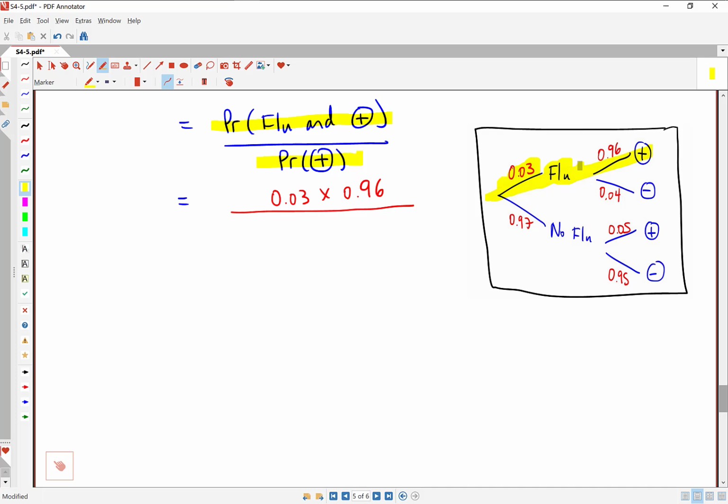They can have the flu and be positive, or they can have no flu and be positive. So if you think about your keywords "and" and "or", "and" means multiplying 0.03 times 0.96, that's flu and positive. "Or" is going to prompt us to add. No flu and positive would be 0.97 times 0.05.